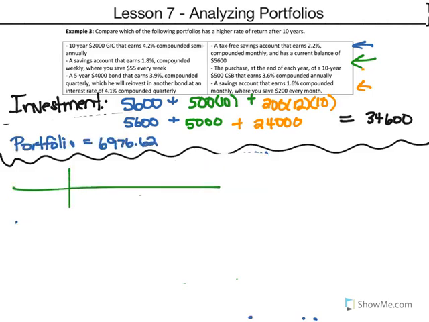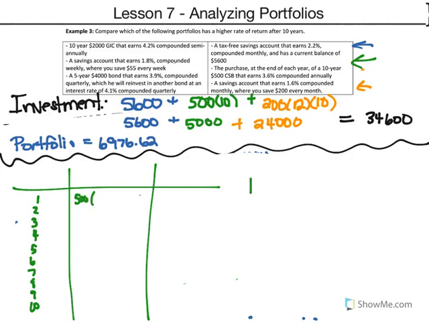So we're making a chart, and it's for every 10 years. So 1, 2, 3, 4, 5, 6, 7, 8, 9, 10. We're investing $500, and we want to figure out our 1 plus R over N. So it's 1 plus a rate of 3.6%, so 0.036, compounded annually, which is 1.